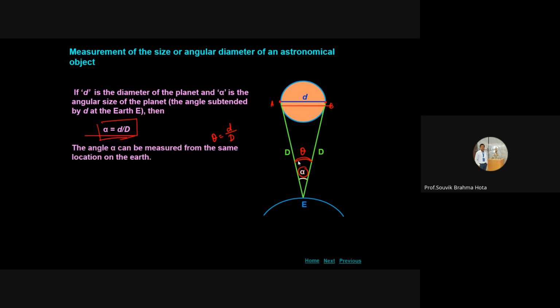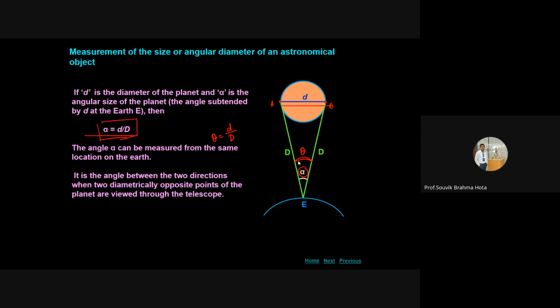Now the angle alpha can be measured from the same location on the earth. It is the angle between the two directions when two diametrically opposite points of the planet are viewed through the telescope. Whenever you are viewing through the telescope, you can use this method. Since capital D is known, the diameter of the planet can be determined.